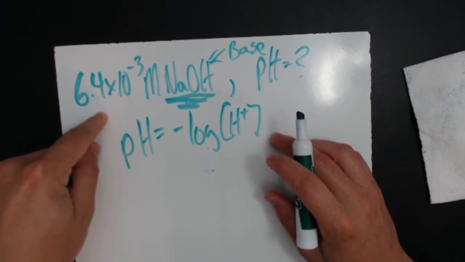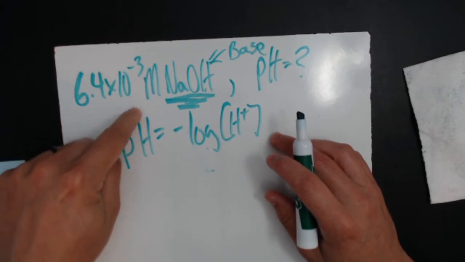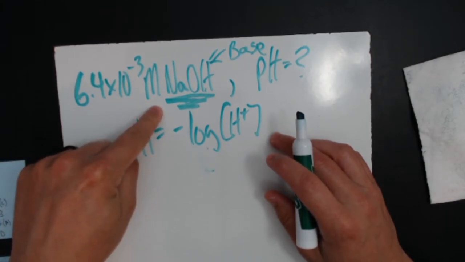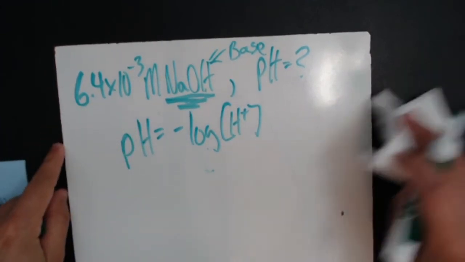But like I said in the previous problem, if you know pOH, it's really simple to find pH. So this is a two-step problem. Because you're given a base to start with, you actually have to solve for pOH first, then you solve for pH.